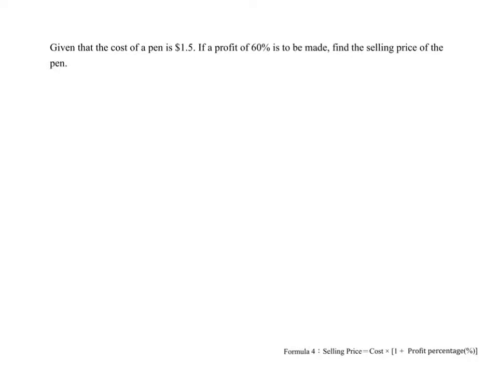Another example, given that the cost of a pen is $1.5, it is the cost, and the profit is not given. The question only gives you the profit percentage, 60%.